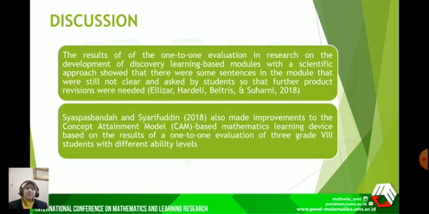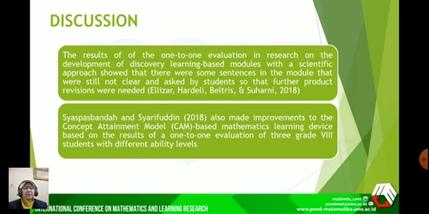The result of the one-to-one evaluation in research on the development of a discovery learning-based module with a scientific approach showed that there were some sentences in the module that were still not clear and were questioned by students, so further product revision was needed. This is research conducted by Elisher et al. in 2018.